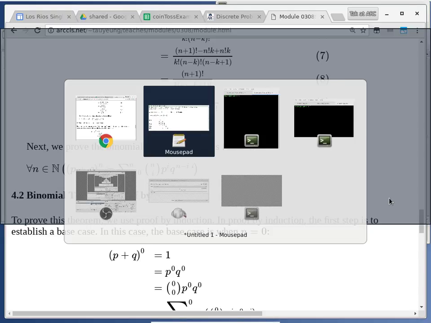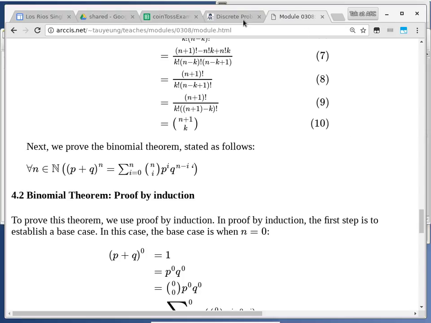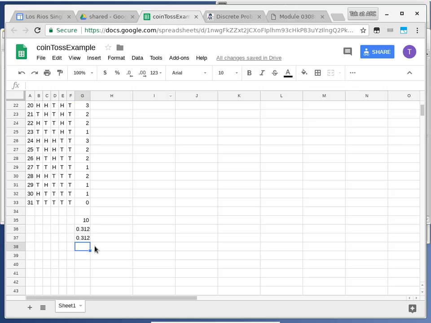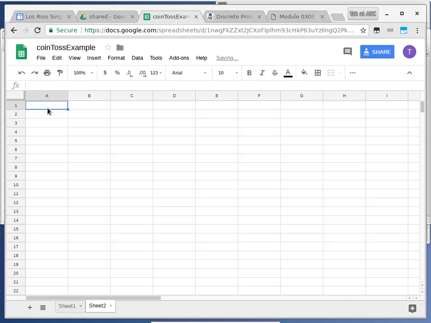Well, let's see whether we can use a spreadsheet to do some illustration of this concept. Okay. So what we'll do is, let's go ahead and start a new sheet here. Basically, we are looking at P, which is the chance of landing on a head. So when it's 0.5, this time we want to look at the probability of 3 out of 5 coin tosses being a head.